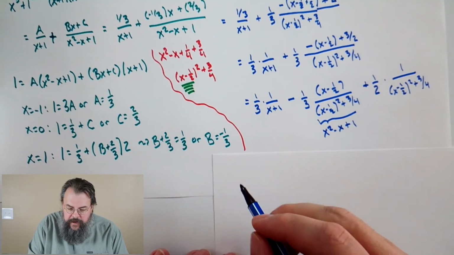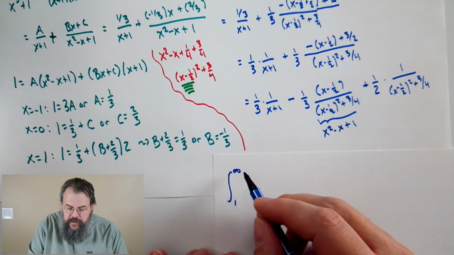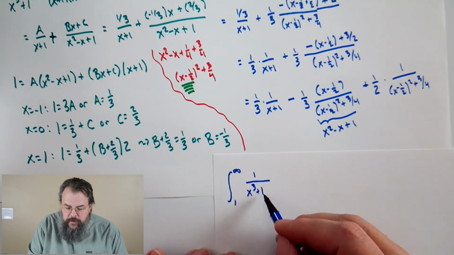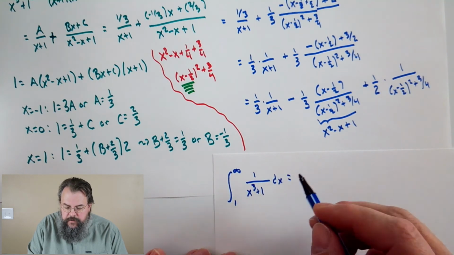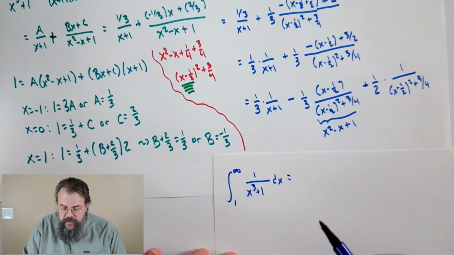And we have the integral from 1 to infinity of 1 over x cubed plus 1 dx is equal to, I'm going to use the partial fraction decomposition.